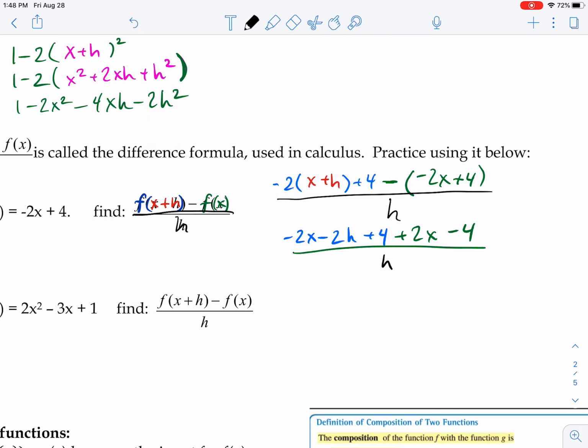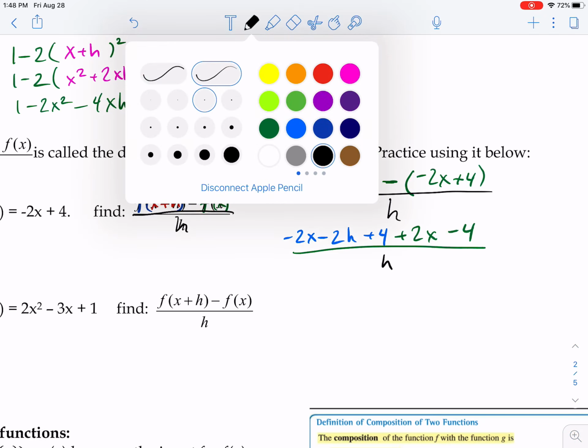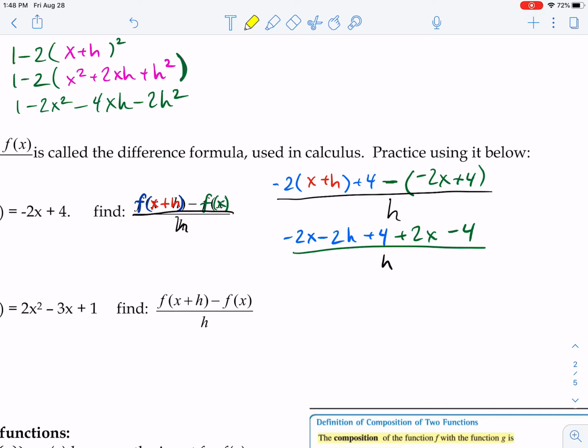So now here's the cool part. Everybody in green cancels. Notice a positive 2x and a negative 2x are gone. Plus 4 minus 4 equals 0, they're gone. So this now equals negative 2h over h, the h's cancel, and it gives me negative 2.